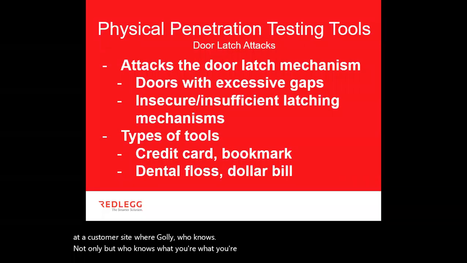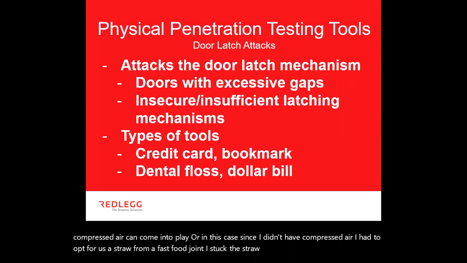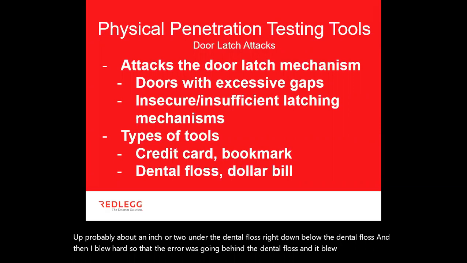But this is where having a can of compressed air can come into play. Or in this case, since I didn't have compressed air, I had to opt for a straw from a fast food joint. I stuck the straw inside the door jamb, up about an inch or two, right below the dental floss, and then I blew hard so that the air went behind the dental floss, and it blew the end out so I could just grab it.